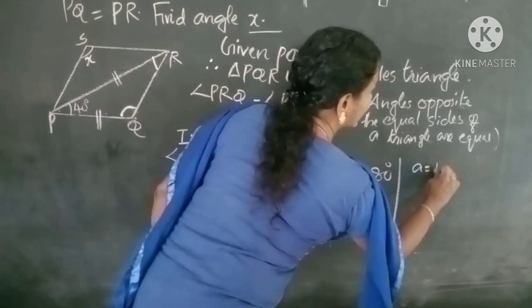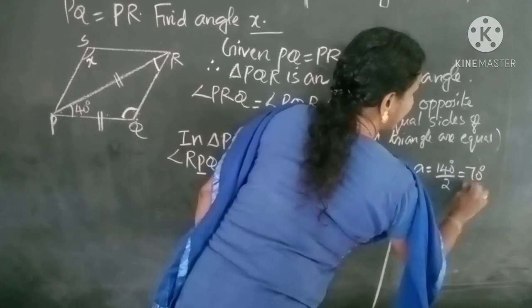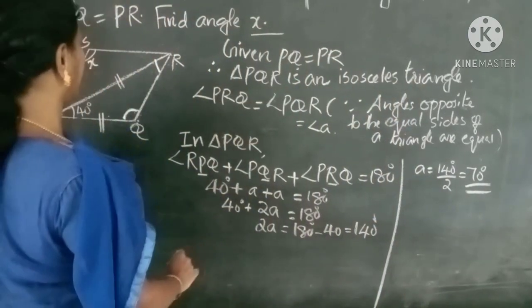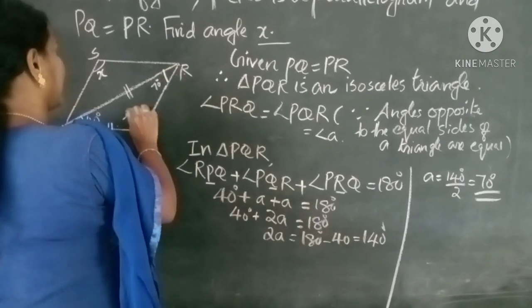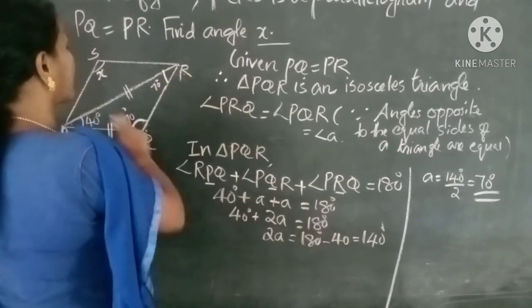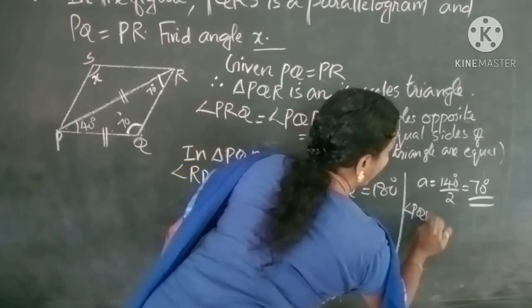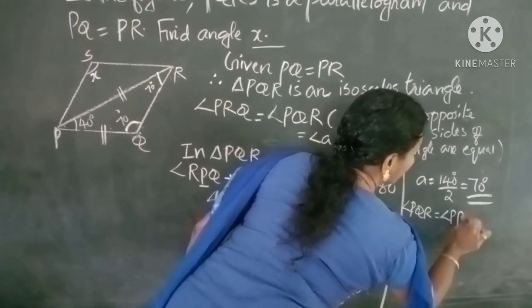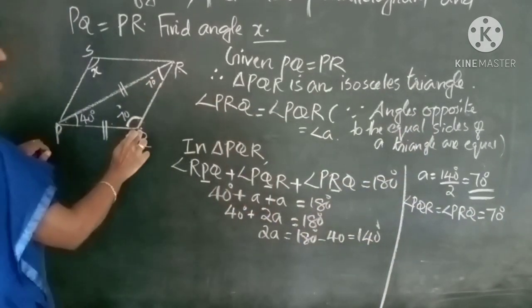So A is equal to 140 divided by 2, which is 70 degrees. So angle PQR and angle PRQ are equal to 70. This is 70, this is 70.